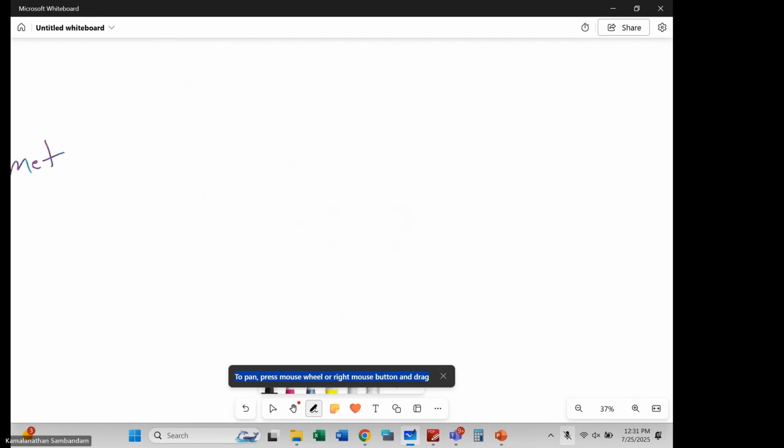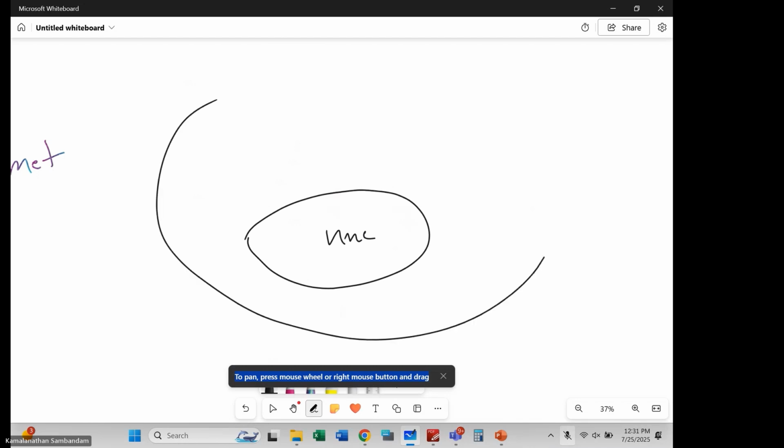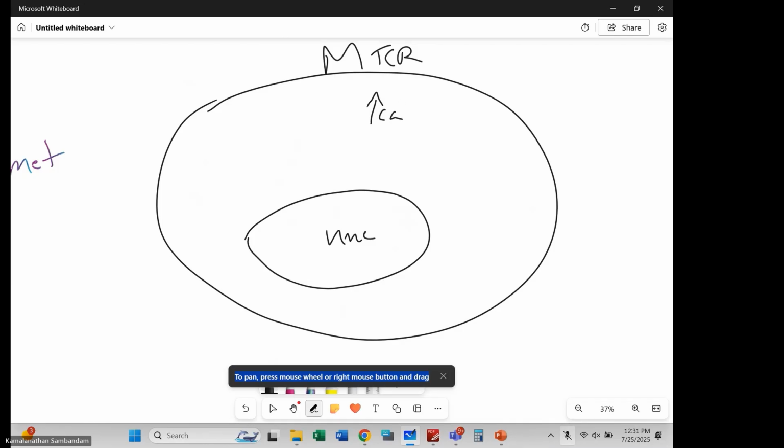Here I am in the nucleus. My cytoplasm, my T cell receptor. There is intracellular calcium that increases in response to T cell activation. That increase in calcium binds to a molecule called calmodulin.